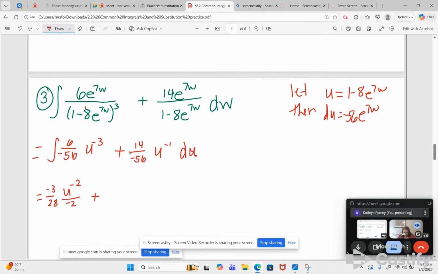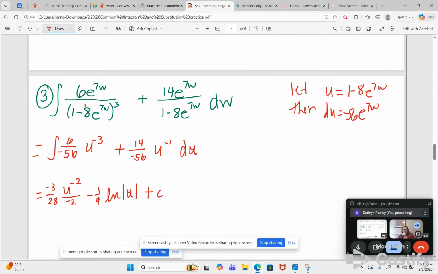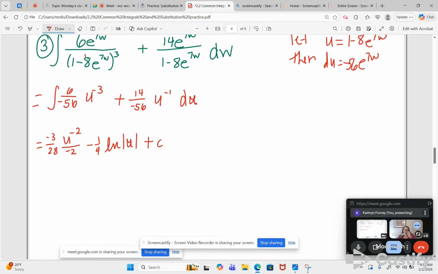And then 14 over negative 56 would reduce to negative 1/4. So I'm going to make that a minus. And now u to the negative 1, hopefully we remember, is the natural log of u. And if not, it's in that reference that you can reference.